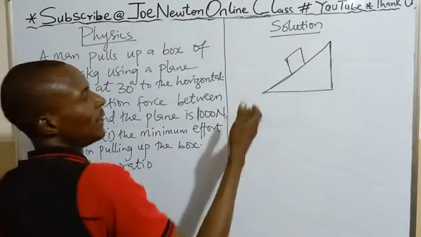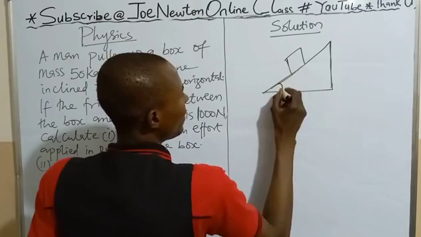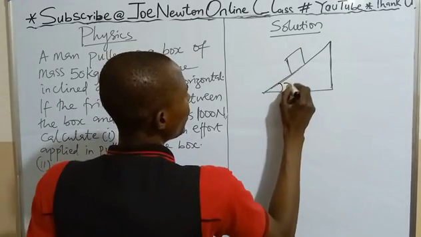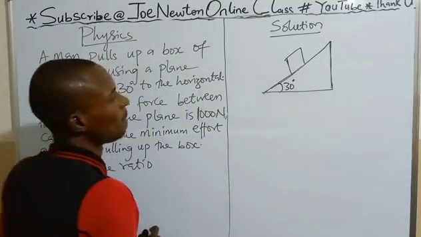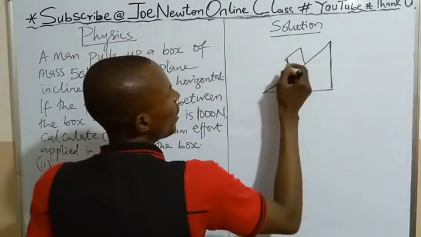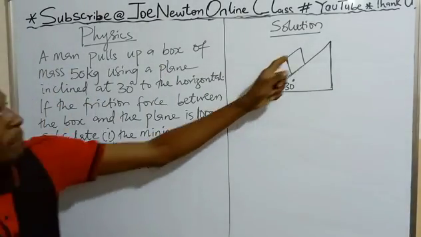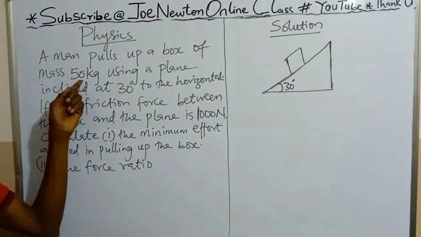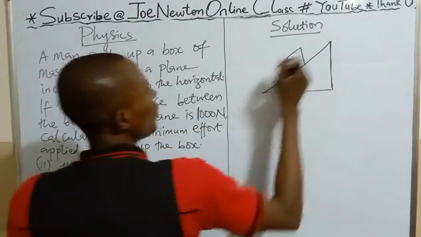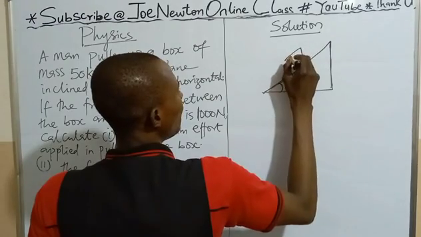This is the inclined plane. Here is the angle, 30 degrees to the horizontal. We are told that the mass of the box is 50 kg. Okay, so this is the box of 50 kg.